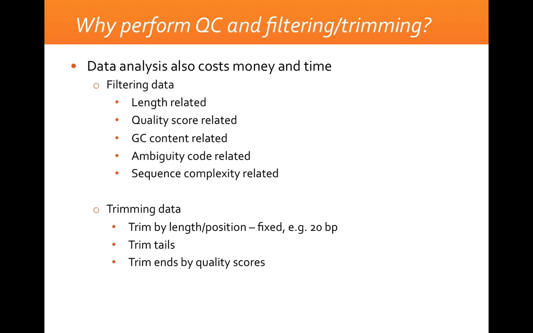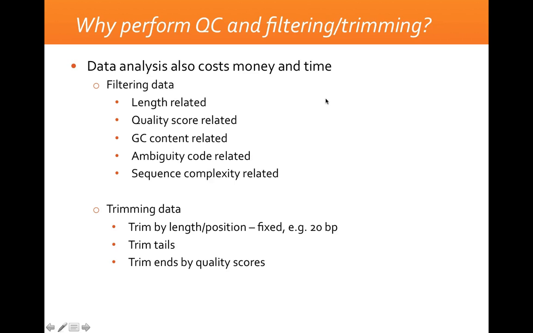Okay, so why do we want to do quality control and filtering and trimming of the data? Well, the most obvious thing is that you want to know your data set, and you want to remove poor quality data, as it may introduce errors later in your analysis.